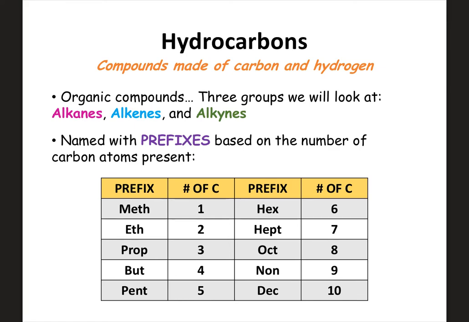The number of carbons in your formula for these hydrocarbons tells you which prefix to use. If you have one carbon, the prefix is meth, two would be eth, three would be prop, and four would be but. Then it's just the exact same prefixes as covalent naming. You do need to know these prefixes and be careful not to mix them up.